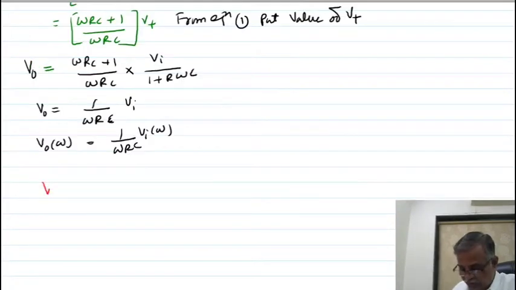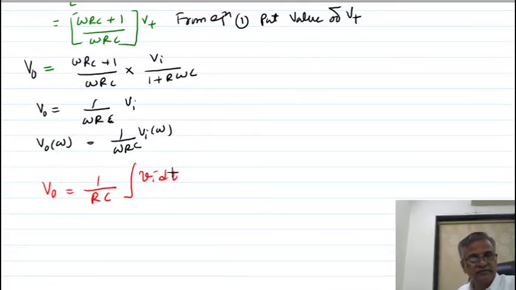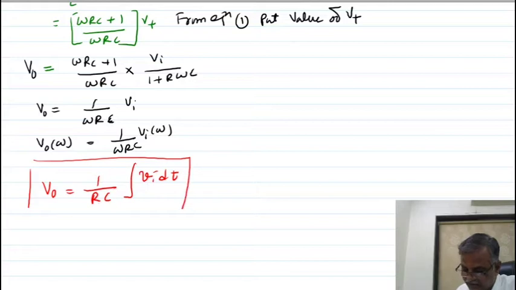In the time domain, the above equation can be written as 1/RC integration of Vi dt. Hence it is proved. For a non-inverting integrator, there is no phase reversal, so there is no negative sign in the equation of the output voltage.